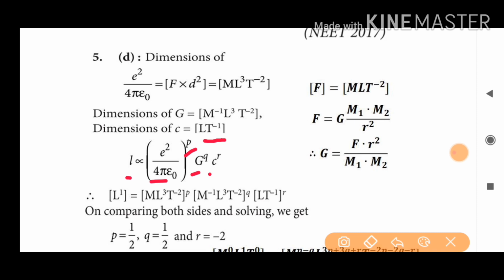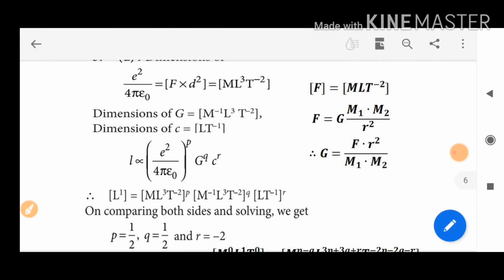Now put in the dimensions of these quantities: M L cube T to the power minus 2, whole to the power p. For G, this is M to the power minus 1 L cube T to the power minus 2, whole to the power q, and for C, that is L T to the power minus 1, whole to the power r.